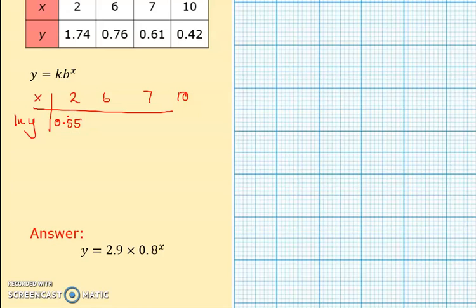The log of 0.76 is minus 0.27. The log of 0.61. What you notice is these are going down, minus 0.49, and the log of 0.42 is minus 0.8687, I suppose. So there are my numbers.